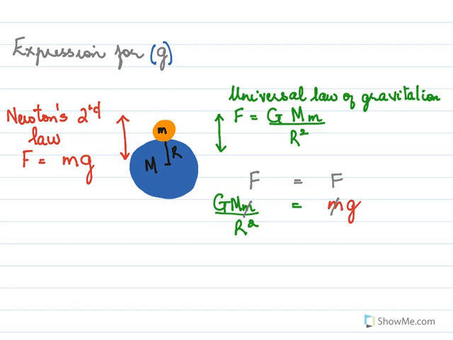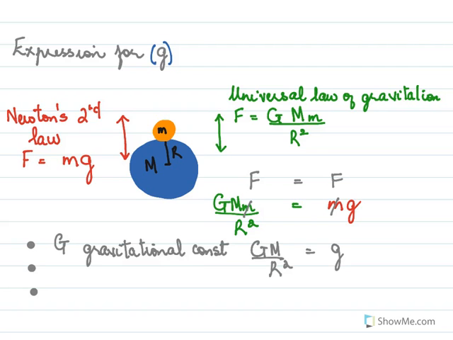The m and m cancel, and what we are left with is GM over r square equal to acceleration due to gravity. Thus we see the acceleration due to gravity depends on three things. It depends on the gravitational constant, which is of course constant.